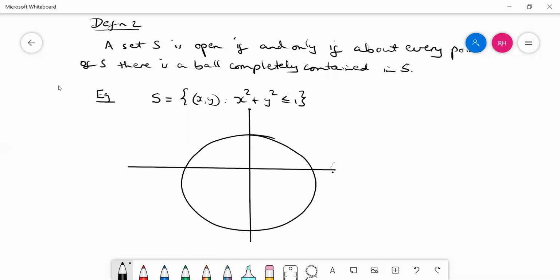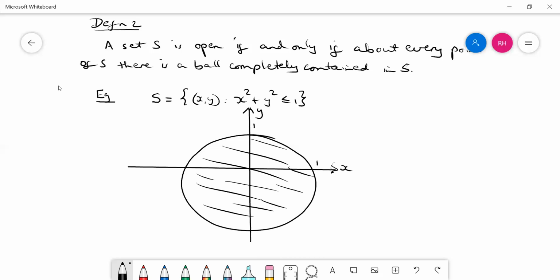Not that good, I'll get better. Y, X, 1, 1. Okay, so the important point here is that this is everything inside the unit circle, as we call it.